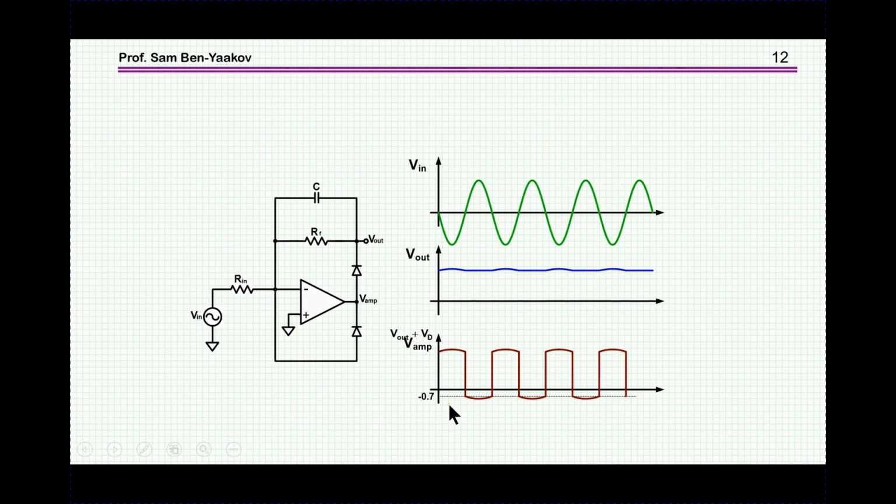The reason is that during the positive half cycle, the voltage here is DC because of the charge of the capacitor, the filtering of the capacitor, so that output will have to go all the way to the DC. There'll be some ripple here, and then all the way back to the voltage drop of the diode. So this is kind of different from what we have seen before.